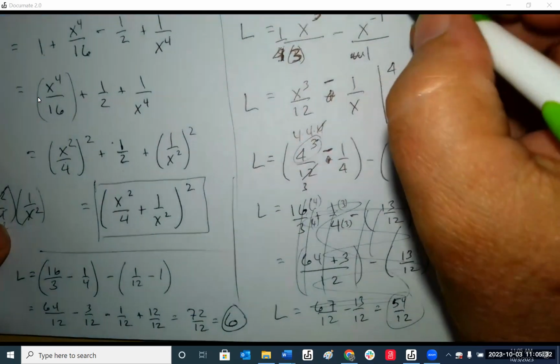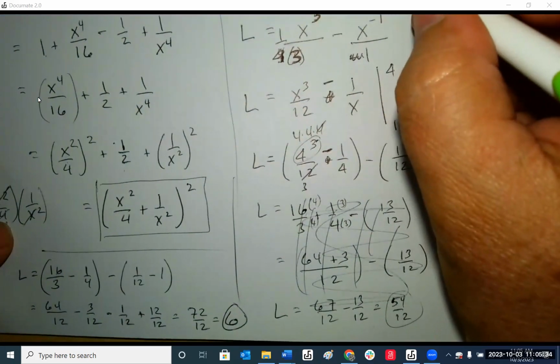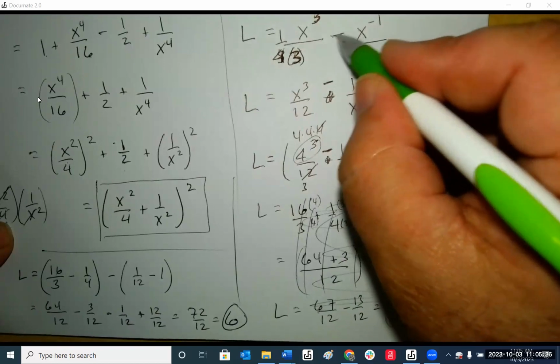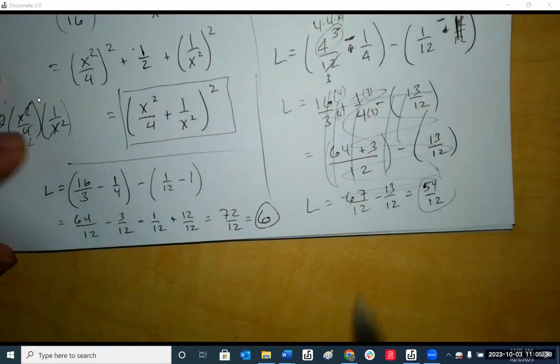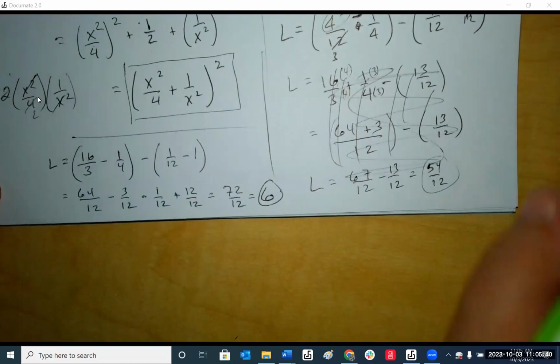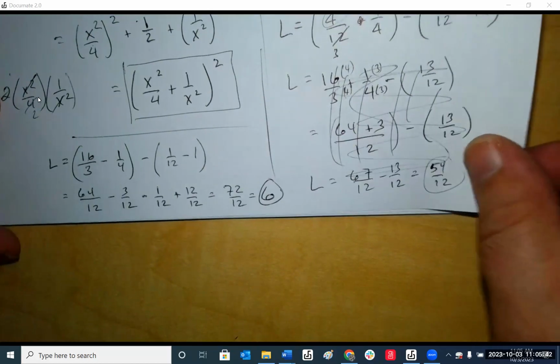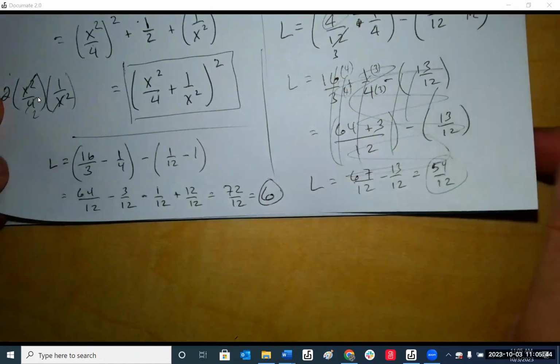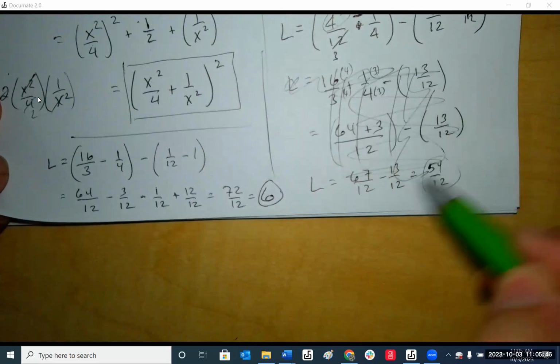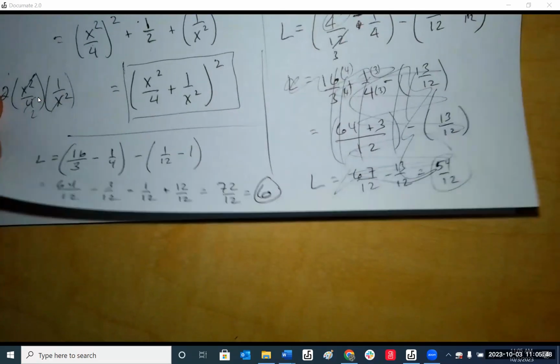Yeah, because here, when I took the integral of this one, it changed the sign to a negative. That's what I carried on. Luckily, it only happened at the end. All right, let's look at the next example.